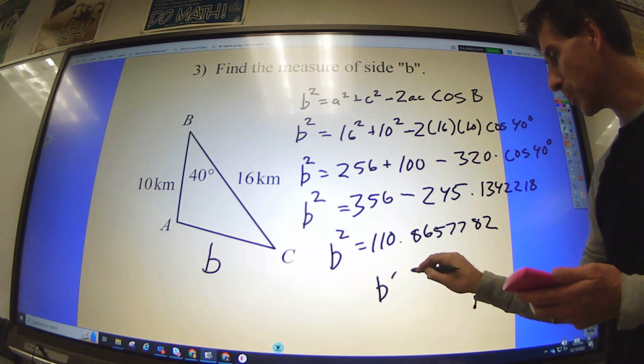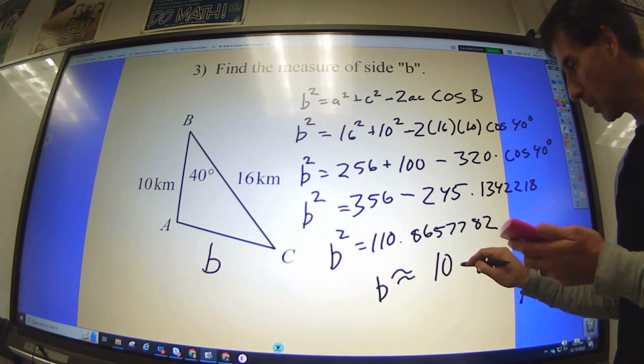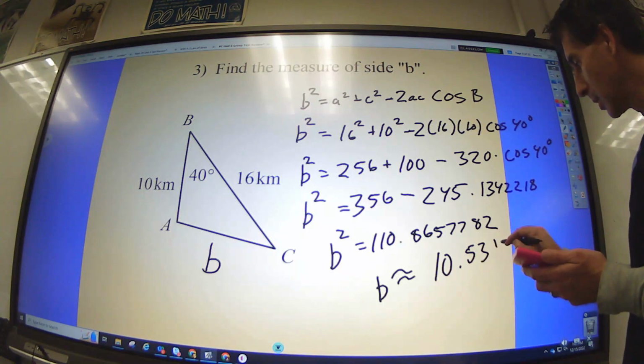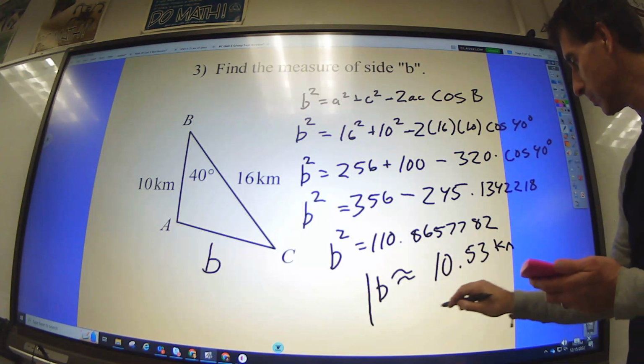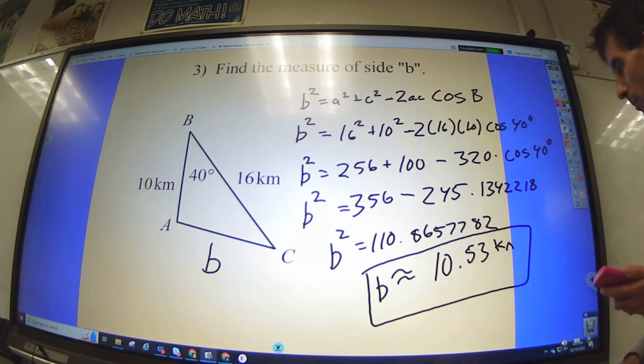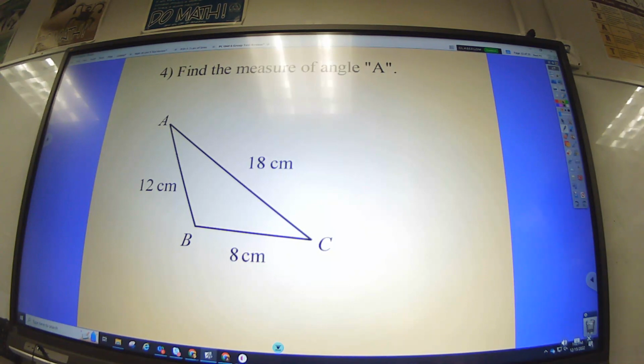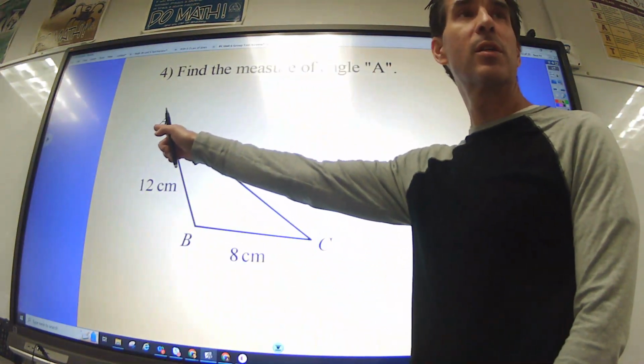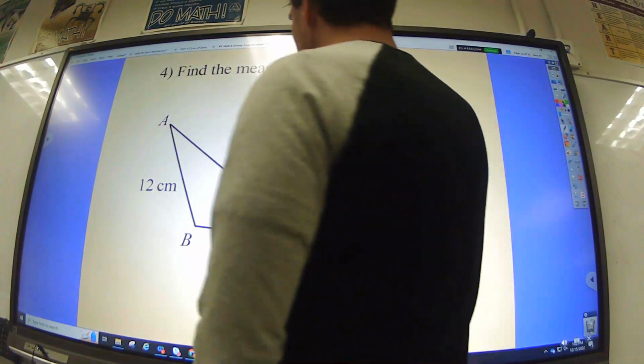Label it so I know which one it is, u plus v. Again, I don't expect perfection. I just need to know that you understand how to do it. It goes from corner to corner. That was pretty nice. Corner to corner.